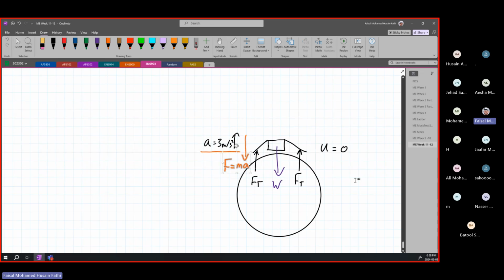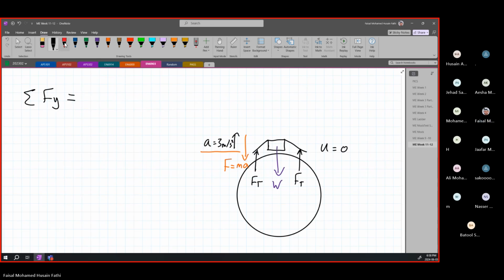So this is the inertial resistance to the acceleration. Now our sigma Fy is equal to 0. Upwards is going to be positive. So we have thrust force plus thrust force minus F minus W equals 0.